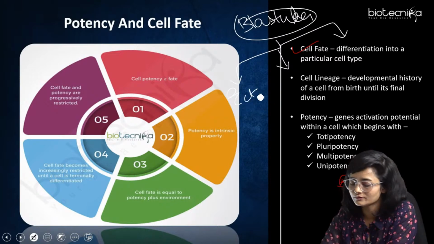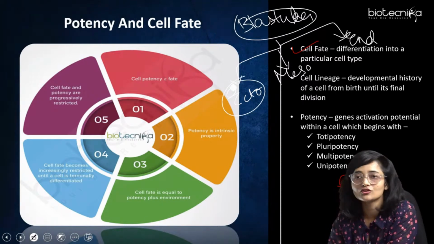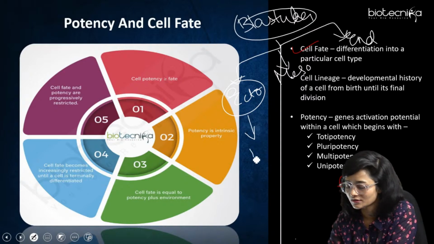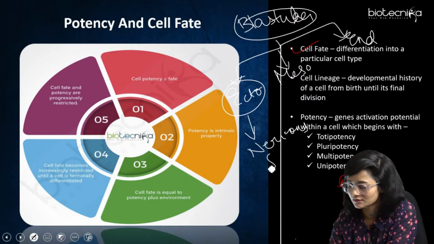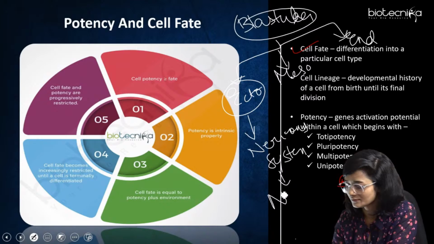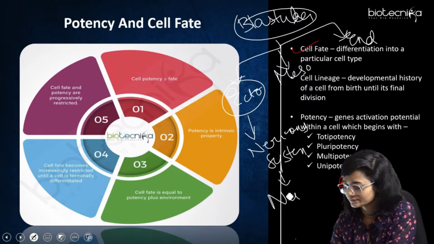Ectoderm, mesoderm, and endoderm. In ectoderm, this particular germ layer basically forms the nervous system, right? And the nervous system will form the CNS, and everything, and at last it will form neurons.